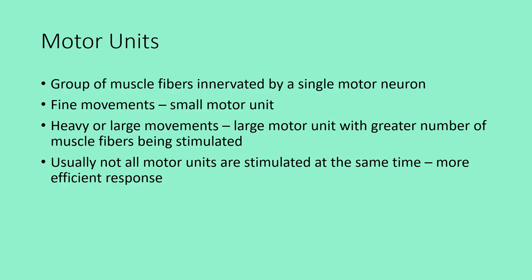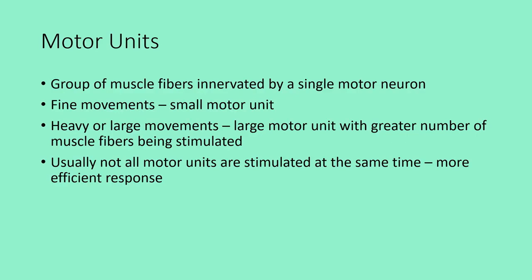Motor units, it's just when a group of muscle fibers are innervated by a single motor neuron. All of those muscle fibers that are innervated by that, that's referred to as a motor unit. A smaller motor unit helps to produce very fine-tuned movements, like grasping a pencil or something off a tabletop.